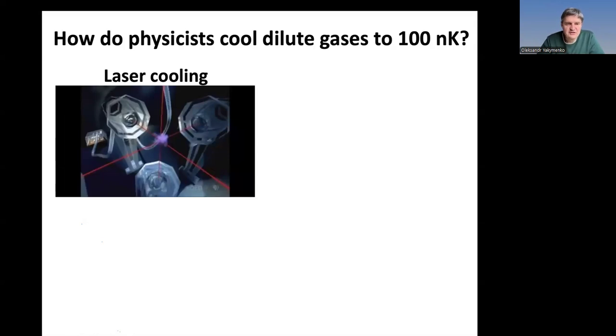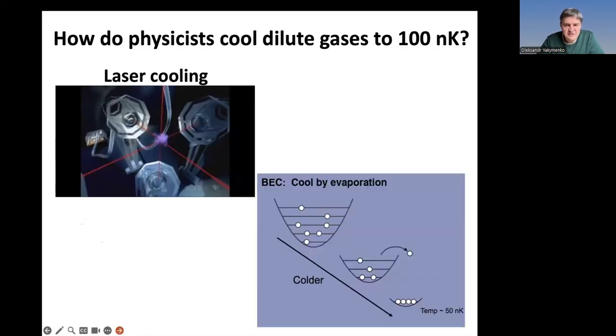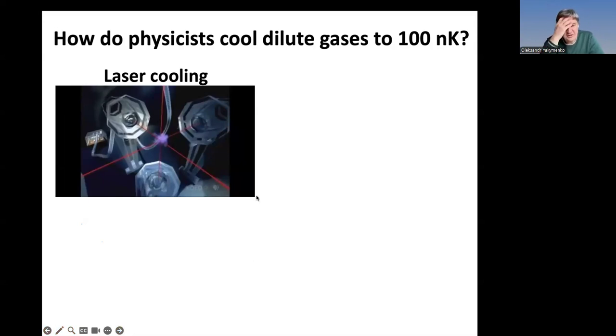The idea is to use the Doppler effect. You have atoms which have some energy, but the laser is tuned in such a way that the frequency does not match the resonance. Resonance appears only when the atoms move in the direction of the source of the laser.